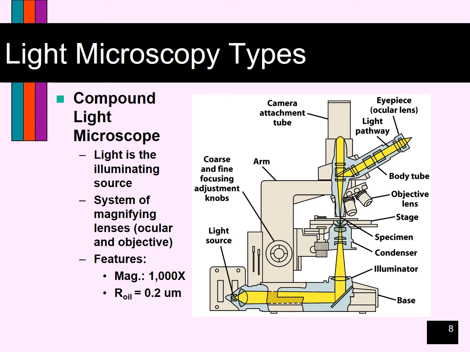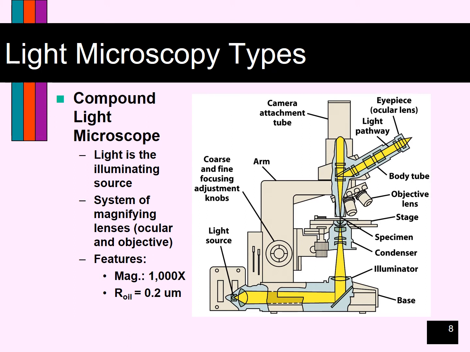So you want all of the light that is coming from the illuminator up through your specimen to be collected by the objective lens. But if your light comes up through your specimen, okay, and the light is coming from a glass lens, which is the condenser, up through your specimen, which is on a glass microscope slide, and then it hits the air before it's collected by the glass objective lens.